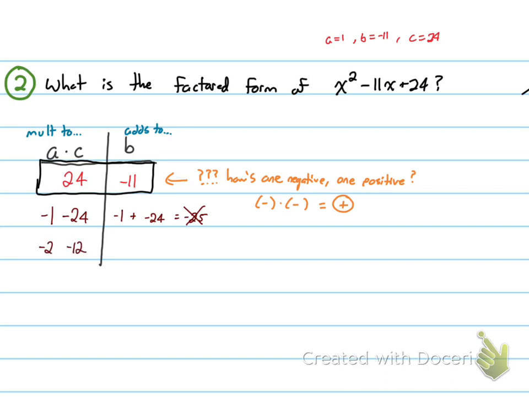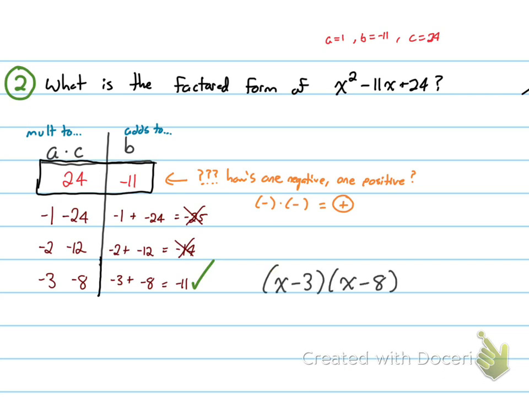So instead of 2 times 12, I'm going to go negative 2 times negative 12. Negative 2 plus negative 12 gives me negative 14. Still not negative 11, so that's not going to work either. 24 divides by 3, so I know 3 times 8 will work, so I'm going to write negative 3 times negative 8. Negative 3 plus negative 8 gives me negative 11, so that's my answer. My final answer here, in factored form, is x minus 3 times x minus 8.